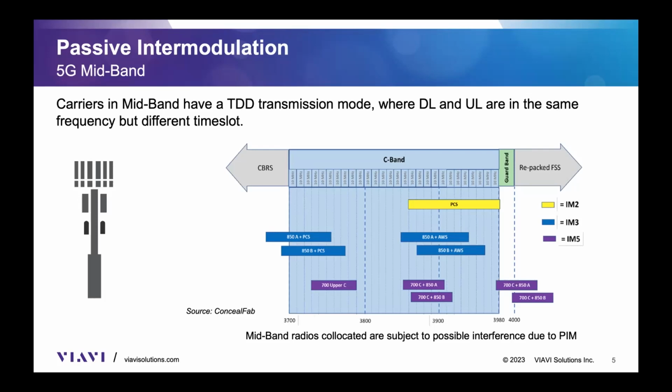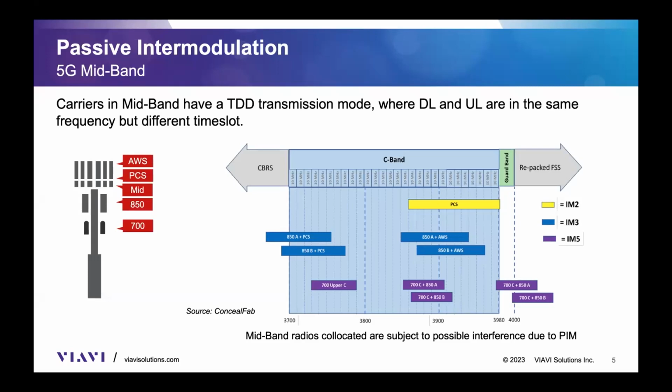And what happens is that if we have a mid-band radio, as you can see here, it is also collocated with other radios, and the combination of those can affect my 5G carrier if we have PIM on the transmission line of the other radios.